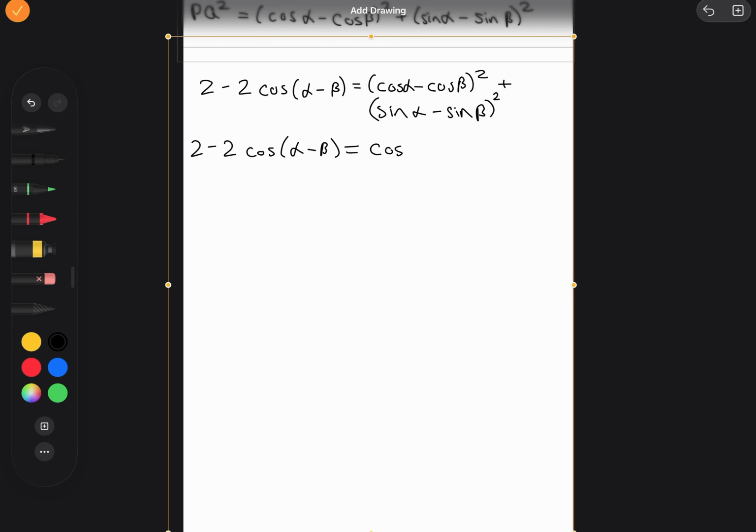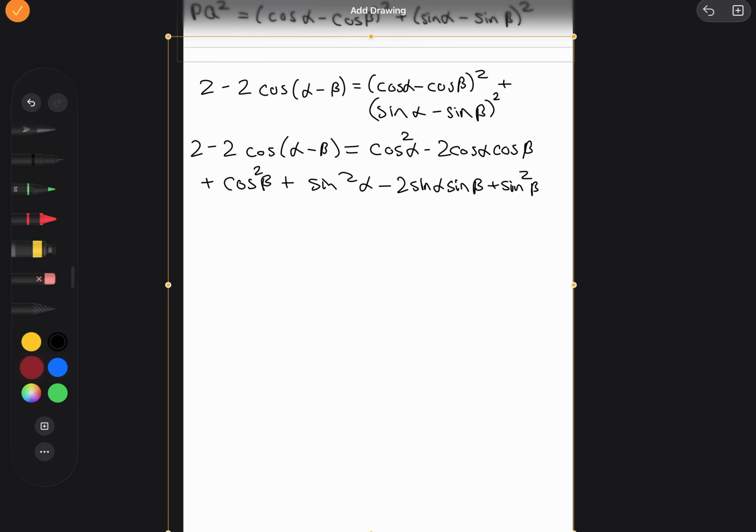So cosine alpha squared minus 2 cosine alpha cosine beta plus cosine beta squared. And now for the second part, sine squared alpha minus 2 sine alpha sine beta plus sine beta squared.